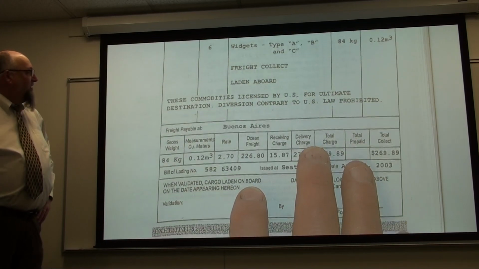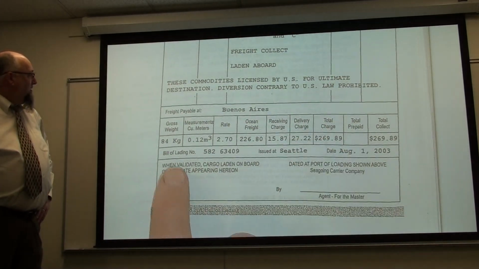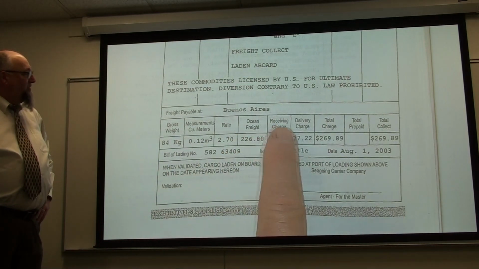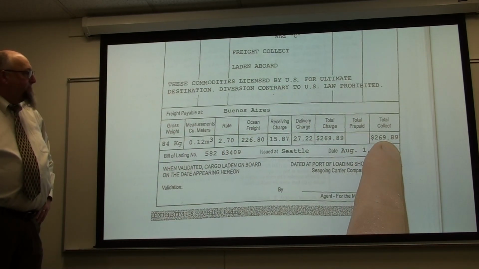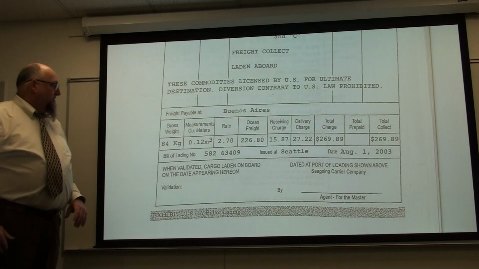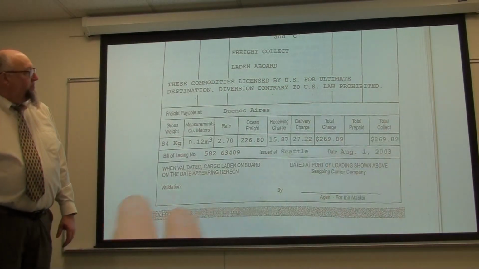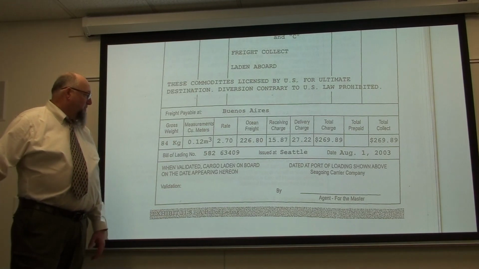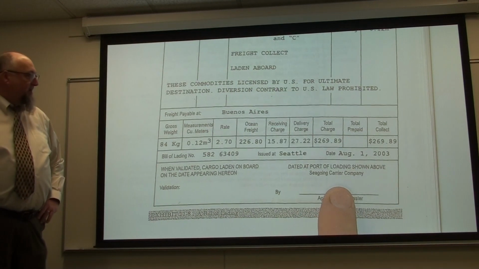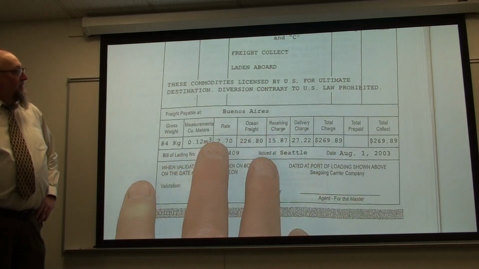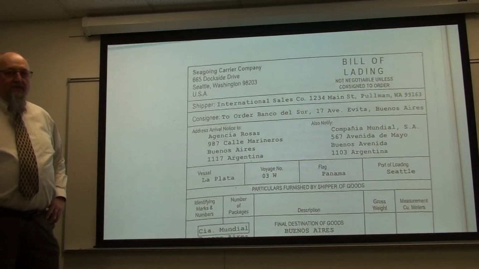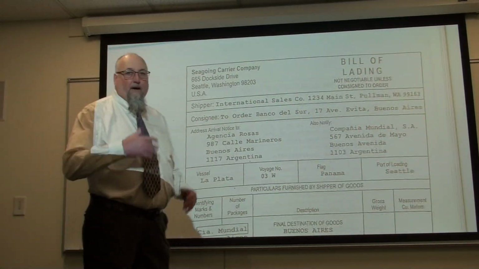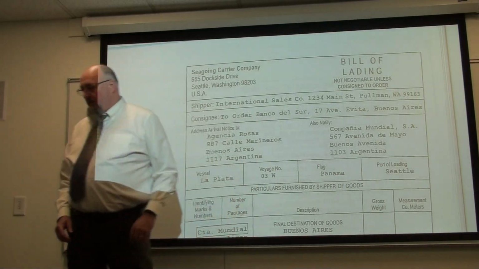And then down below you see the shipping information and how much is going to be paid. That will be issued by the shipping company once the cargo has been put on board and signed by the shipping company. Then that will be provided to the seller to take to their bank. And that will start the whole process.